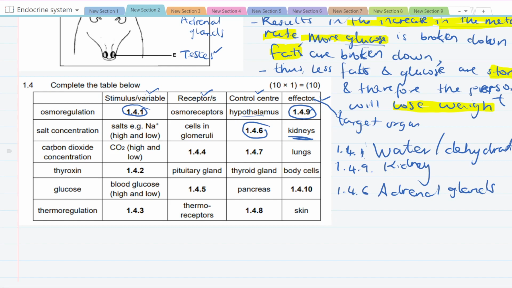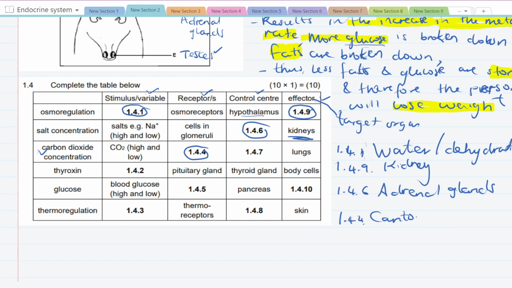And then moving on to this one, where we have carbon dioxide. The increase and decrease of carbon dioxide will cause a stimulus, and the receptors, this is 1.4.4. The receptors that will detect this are carotid receptor cells.